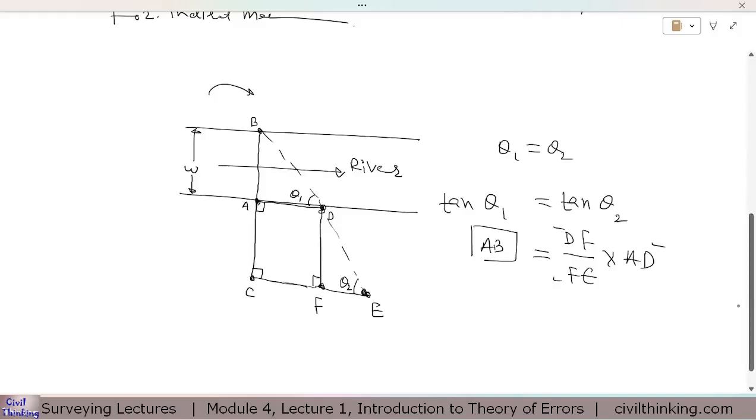Then you multiply and divide these things, and you will get AB. So you got AB, which was not possible to measure directly, indirectly by applying trigonometry.